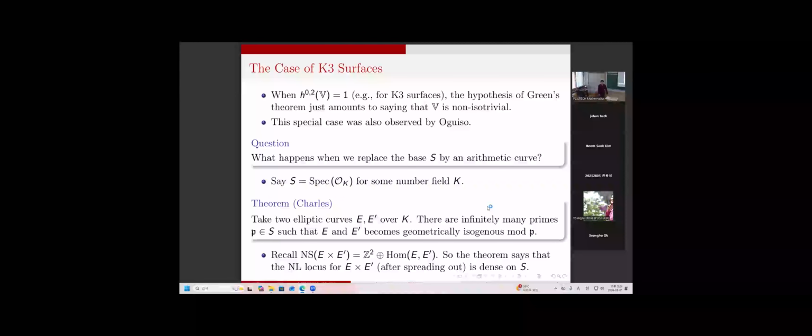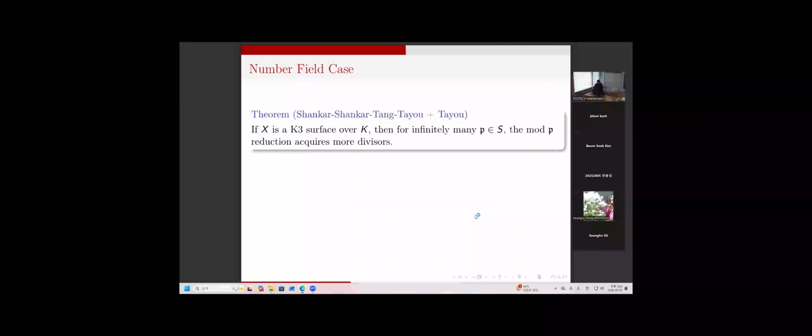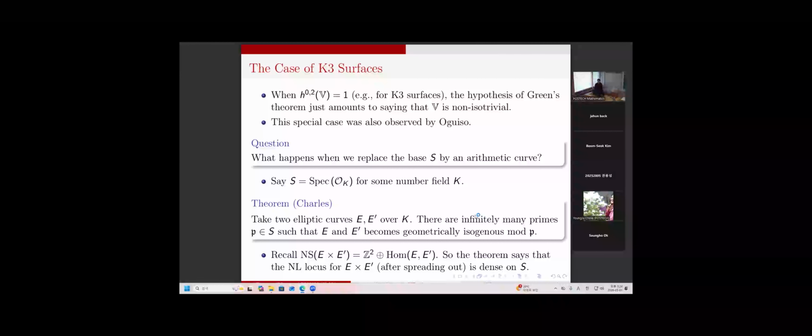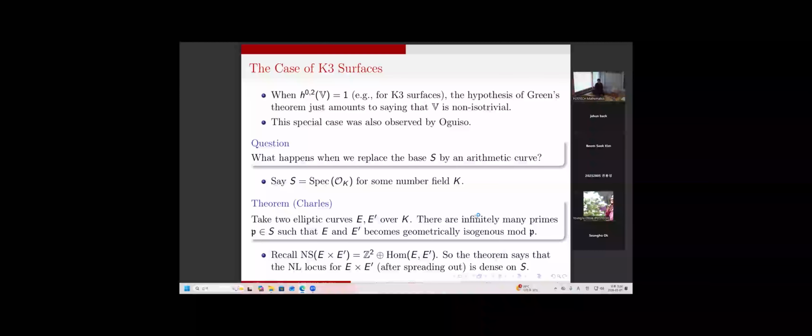That gives you a divisor on the surface. So this is a completely canonical isomorphism. In Charles' theorem, there's no relation between E and E prime; they are arbitrary.